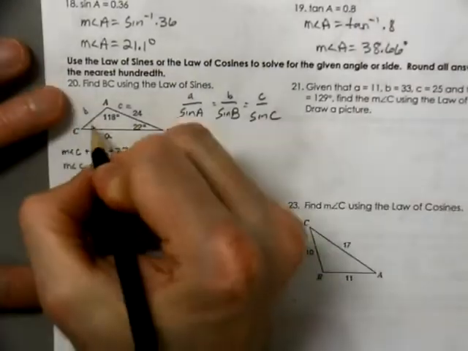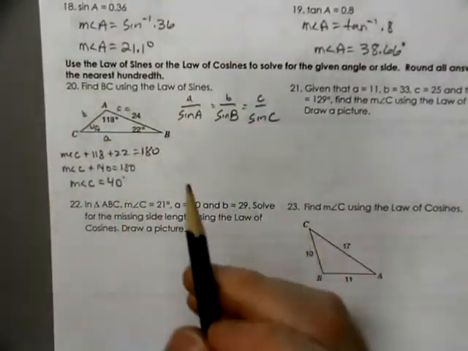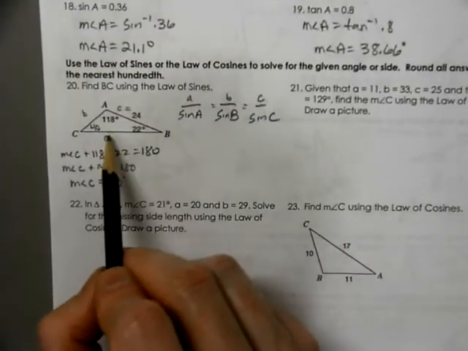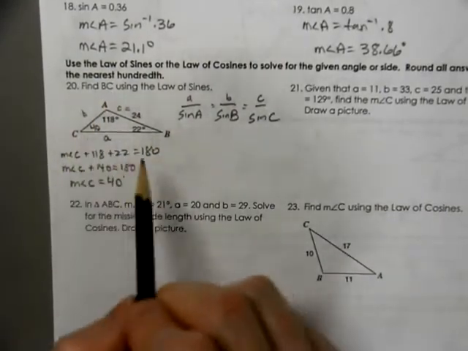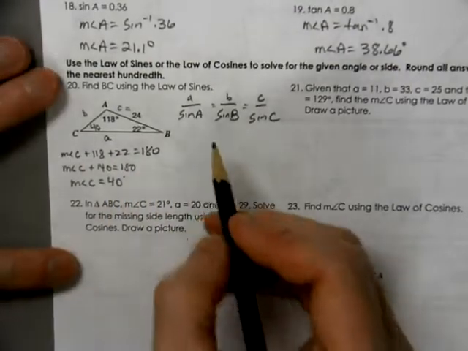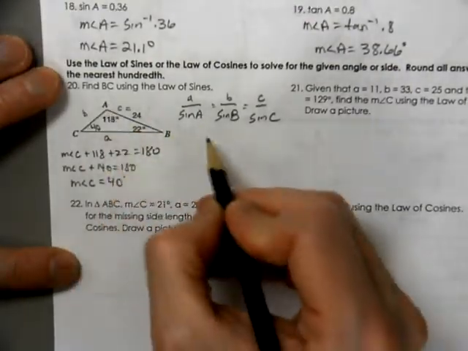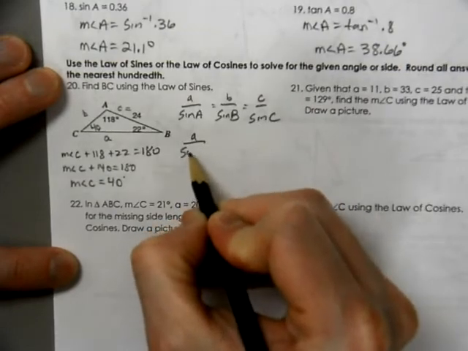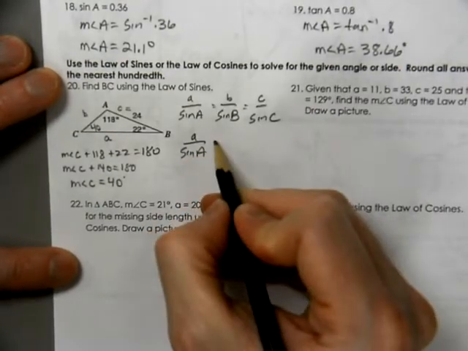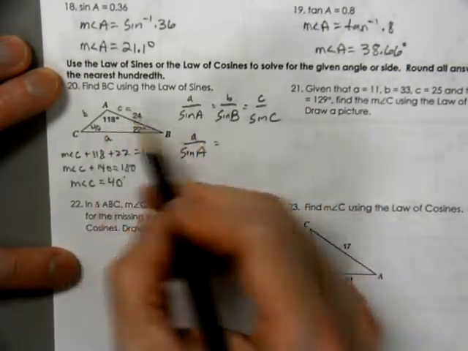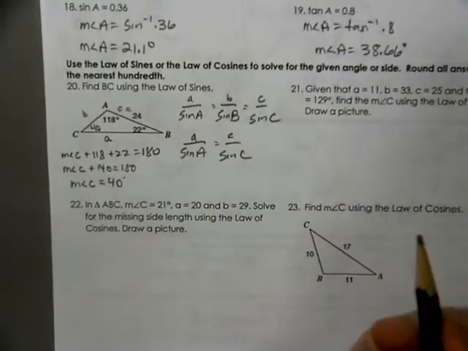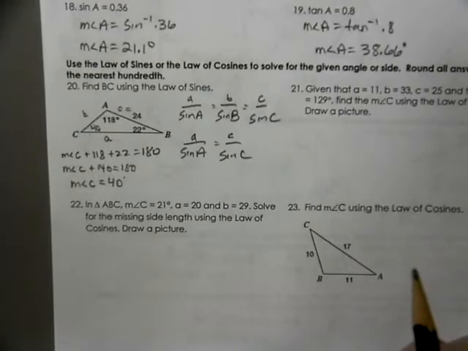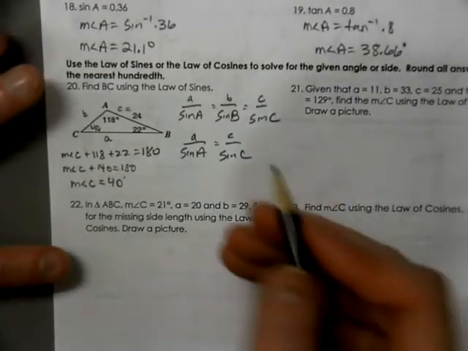So now, if this is 40, and if I need to find this side A, which is the side with the vertices BC, we need to use A, of course, because we're looking for side A, and we have the two bits of information for C. So those are the two fractions. With law of sines, you need to pick two fractions that you're going to use.